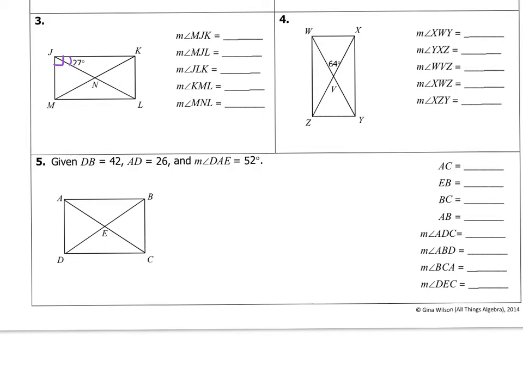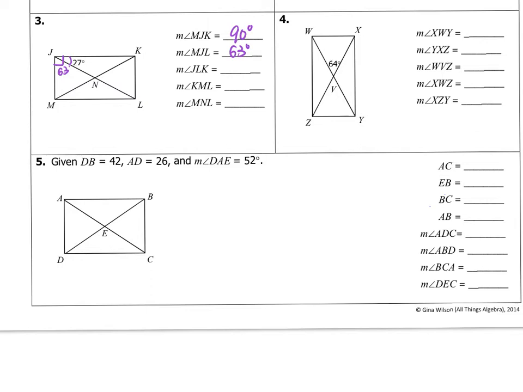So we can use 90 degrees minus 27. We know angle MJL now is 63 degrees. So let's look at the rest of it. MJK obviously is 90 degrees. MJL, we said it's 63 degrees. That's the one we just calculated.